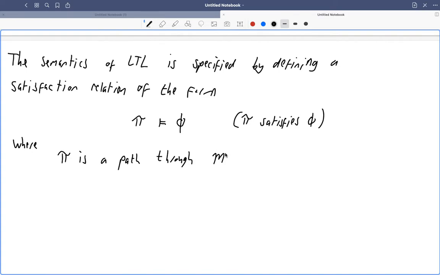So we suppose we've got a given transition system that we're modelling formulas over, and pi will be a path through the transition system, and phi is of course an LTL formula.